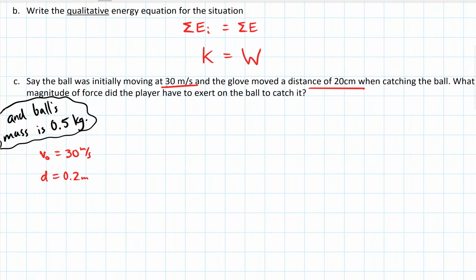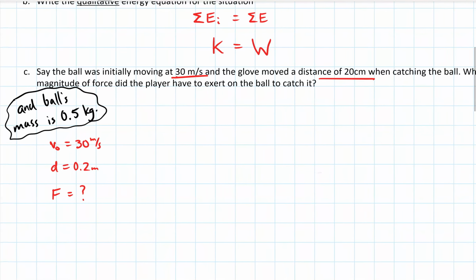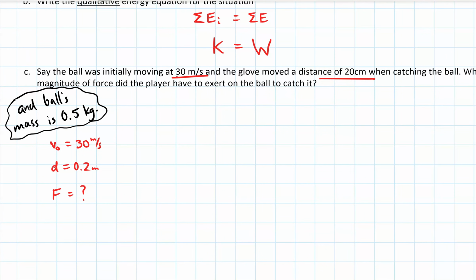What magnitude of force did the player have to exert on the ball to catch it? So we're trying to find some force. The one thing I forgot to include in the problem, and I'll write it here, is that the mass of the ball is a half a kilogram.